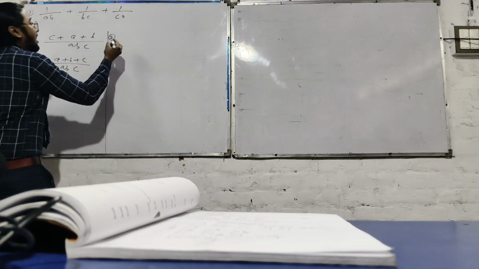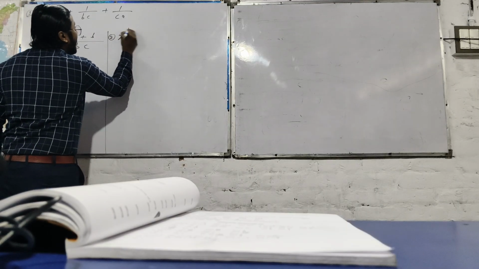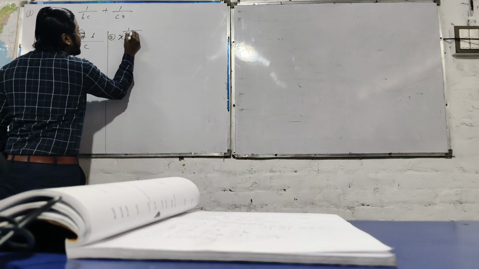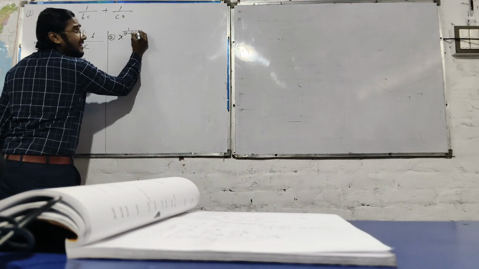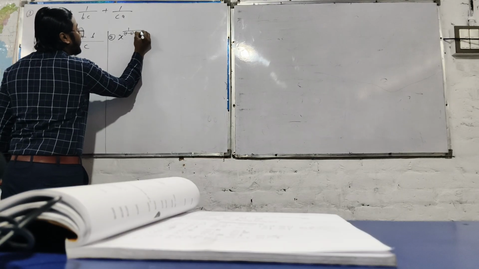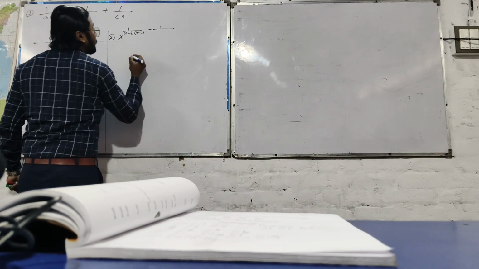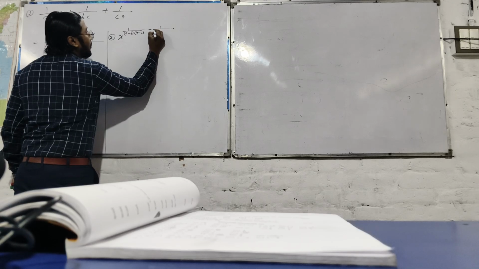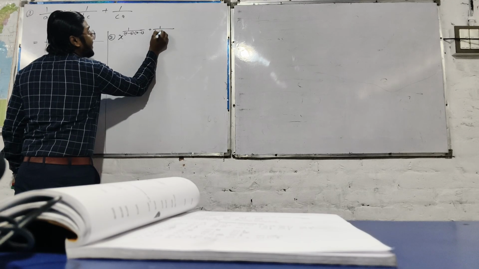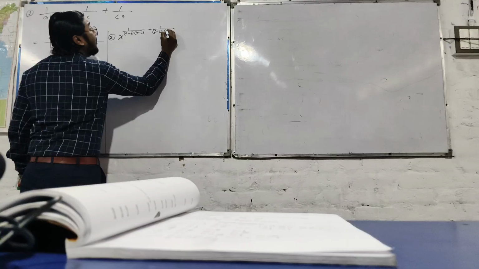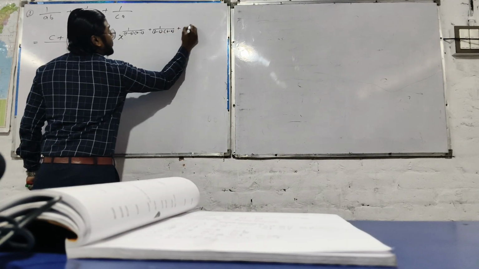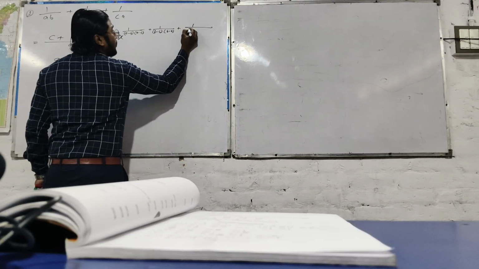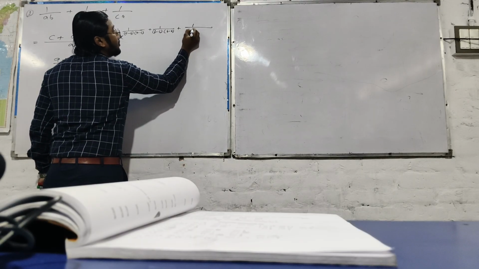Tell me what was the x to the power? 1 upon A minus B, A minus C, plus 1 upon B minus C, B minus A, is it right? Plus C minus A.